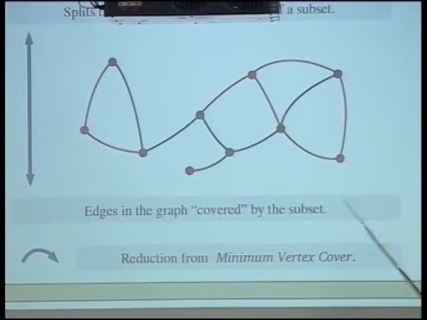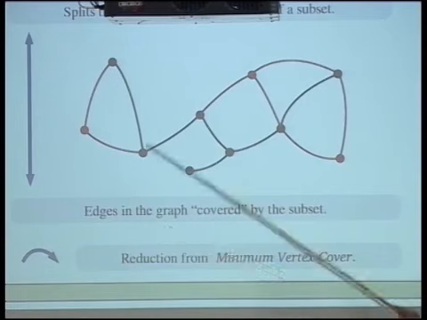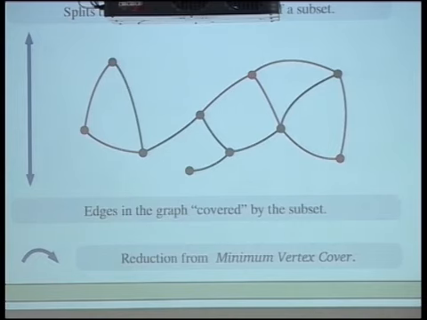So the subset now could be the red vertices of the graph, because the underlying set is now the vertex set of our graph. And this is exactly the set of edges that are what's called covered in the graph. So this means there's one endpoint of the edge in the set. And if you work out the details, it's not really hard, it's more like an observation, then this gives you a reduction from this known NP-hard problem, minimum vertex cover.